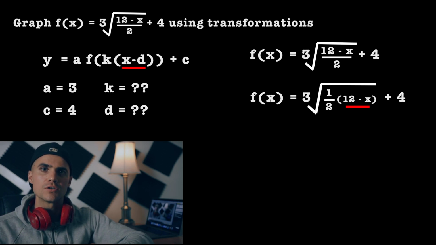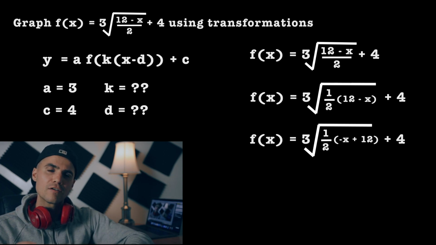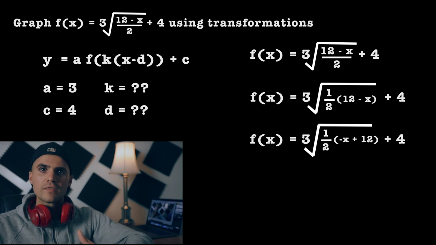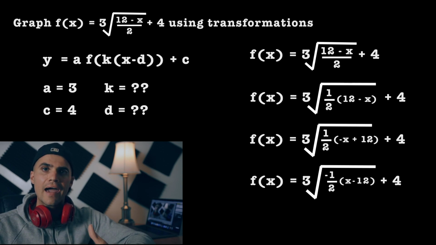So what I'm going to do is switch those two around, and it's going to end up being negative x plus 12. But then there's still a negative in front of the x, so I'm actually going to factor out the negative, put it with the 1/2, so we just have a negative 1/2 factored out, and now we end up having x minus 12 left in the bracket.